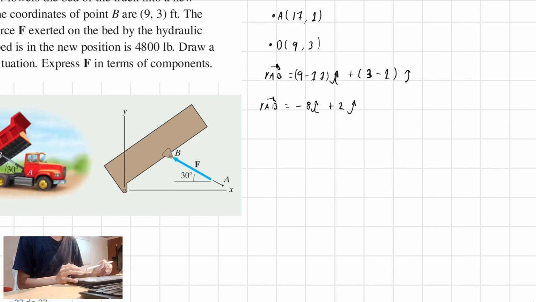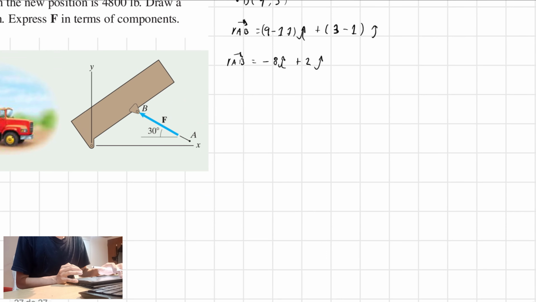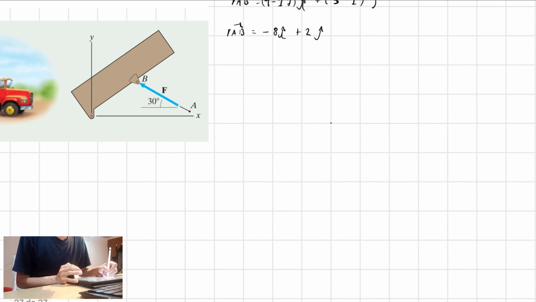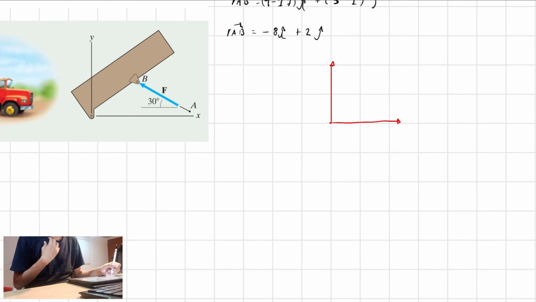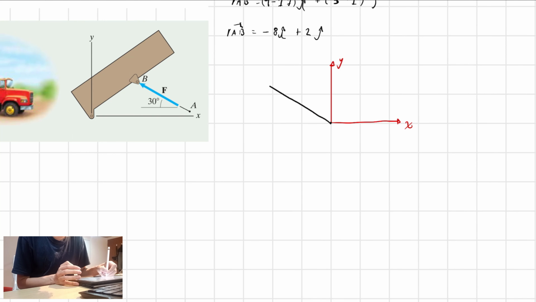Now, taking into account this information, I'm going to create a vector within my Cartesian plane. So right here we have x and y. Now, the vector is going to point towards this direction. Why is that?